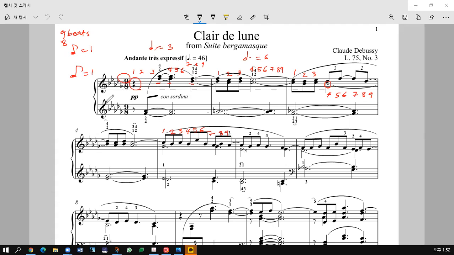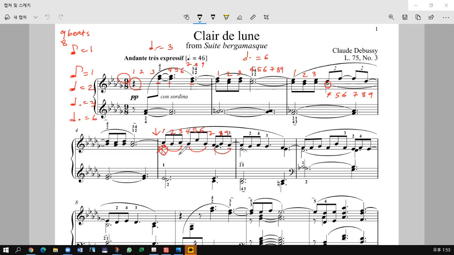The eighth note gets 1 beat, so the quarter note gets 2, right? And then the dotted quarter, 3. The dotted half, 6, right? You have to think about a little bit of math here. All right, so let's look at this measure. Let's think about this one. The top one first. The 3 eighth notes.